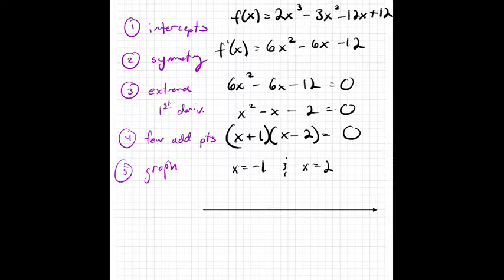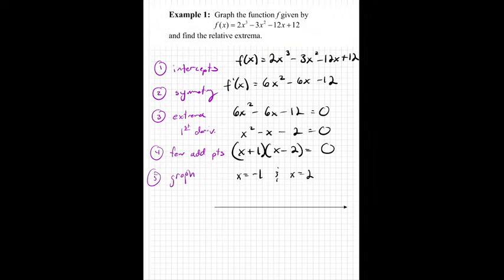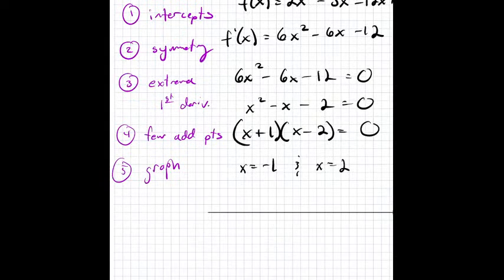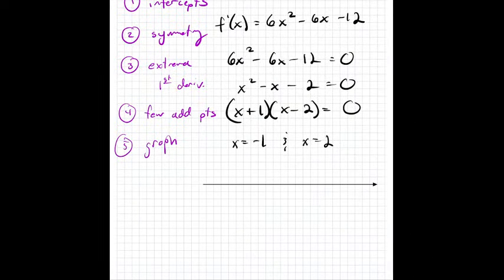Okay, so positive x is going to go off to the right. So then let's see. I'm just going to put negative 1 here. I'm going to put 2 here, right? So then here, f prime of x is 0. Here also f prime of x equals 0, right? At these values. Here's our 0, here's our 0, right?